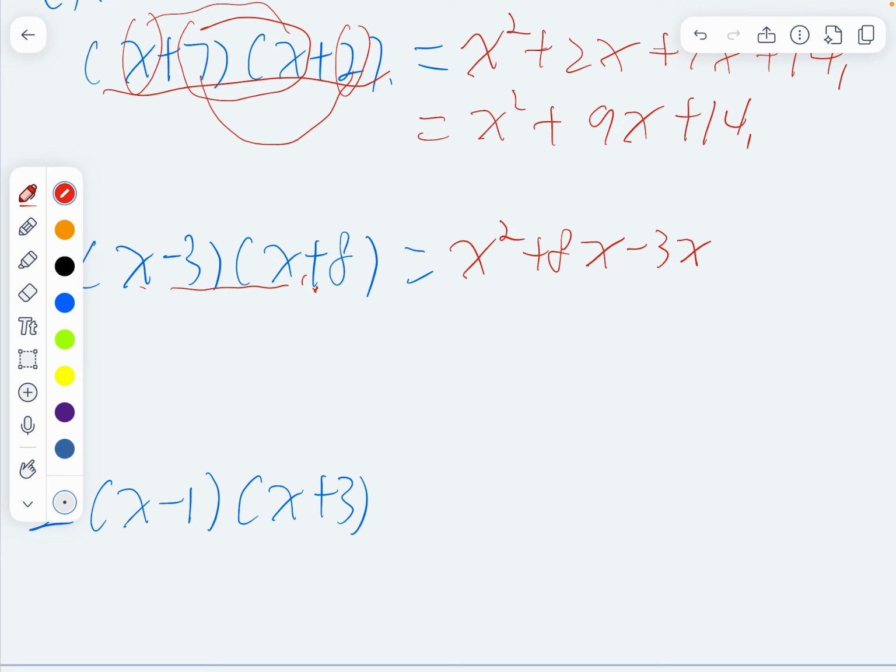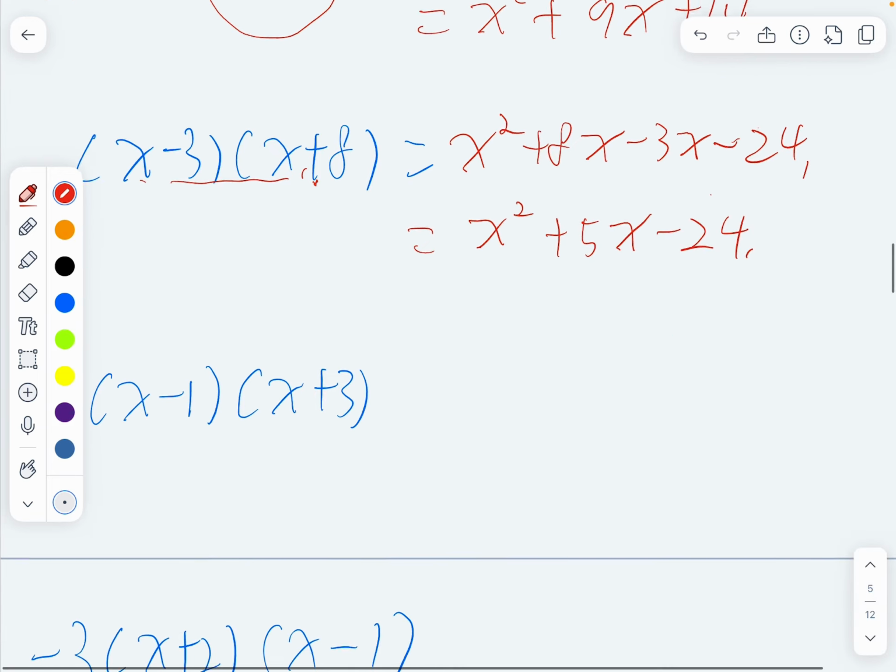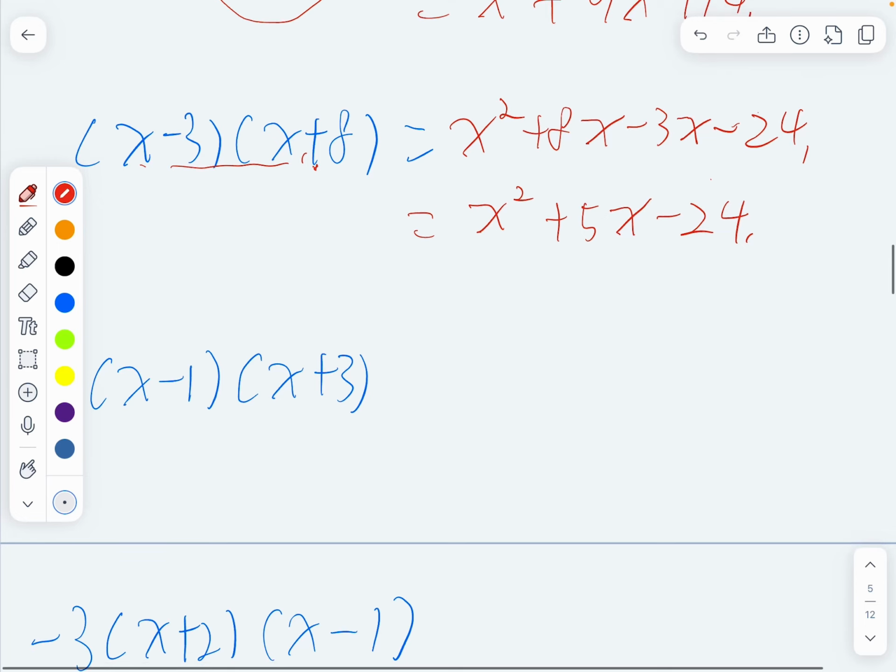The final answer is negative 3 times 8, which is negative 24. Simplified, it is going to be equal to x squared plus 5x minus 24.